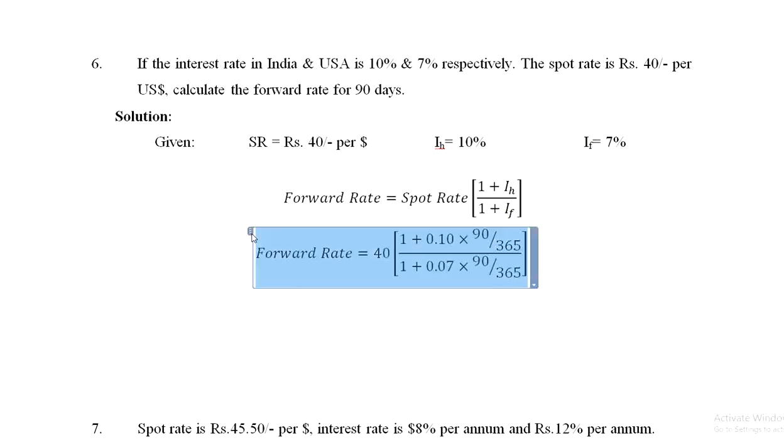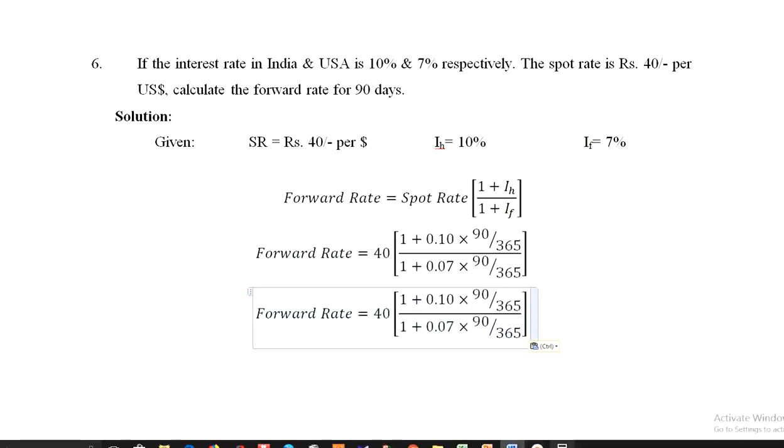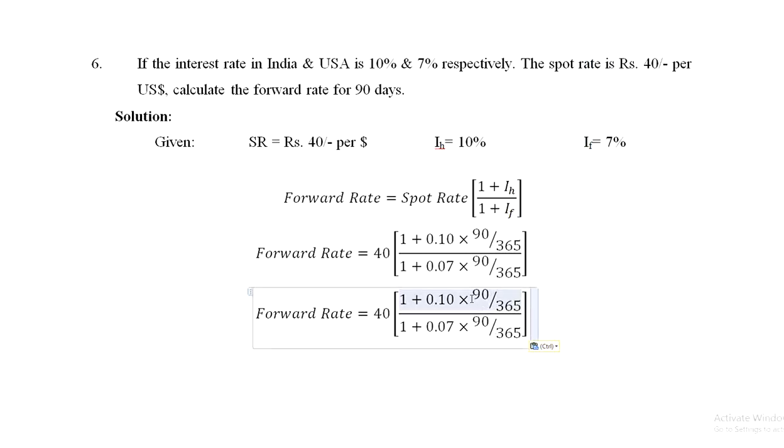Next step. Let us take the calculator as per the Bartmore's rule, as explained earlier. 0.10 into 90 divided by 365 is going to be 0.024.